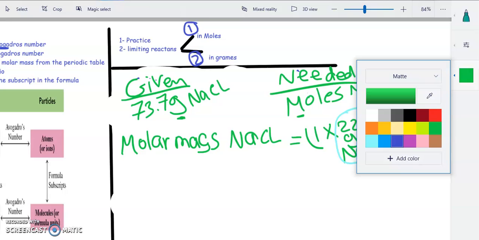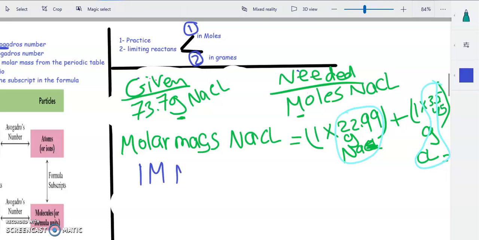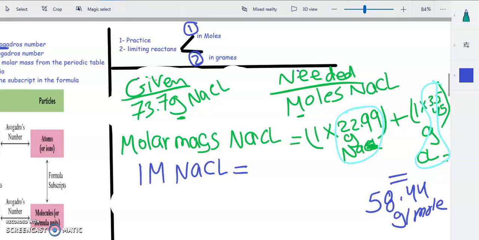And now we can have an equality that says that 1 mole NaCl actually has, the result will be 58.44 gram per mole NaCl. So 1 mole NaCl has 58.44 gram NaCl.